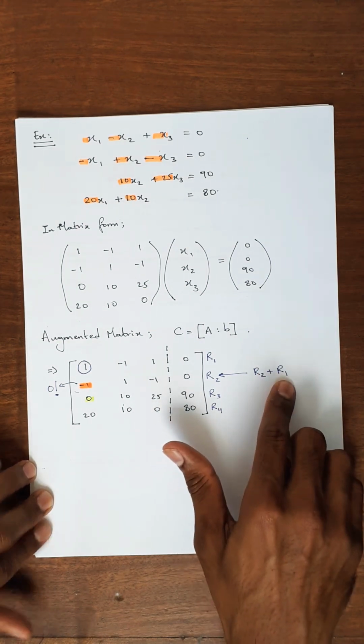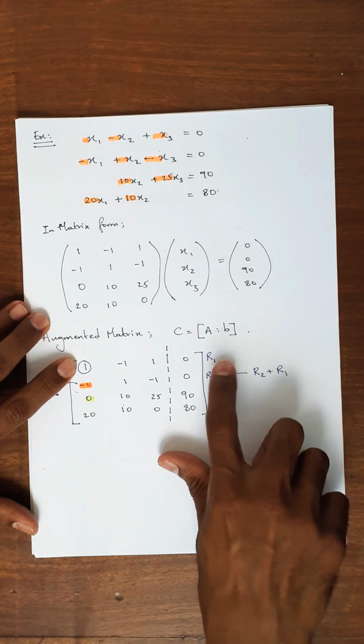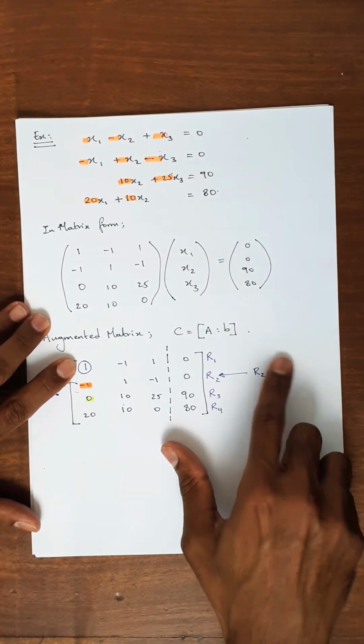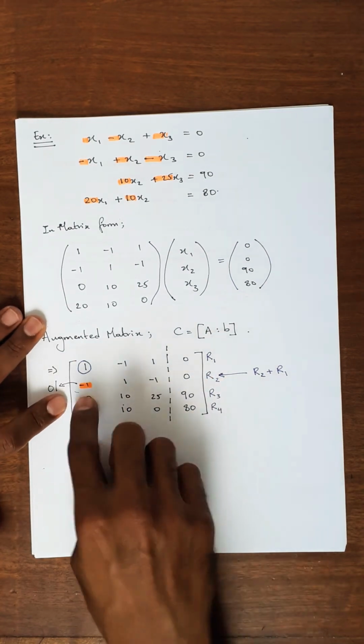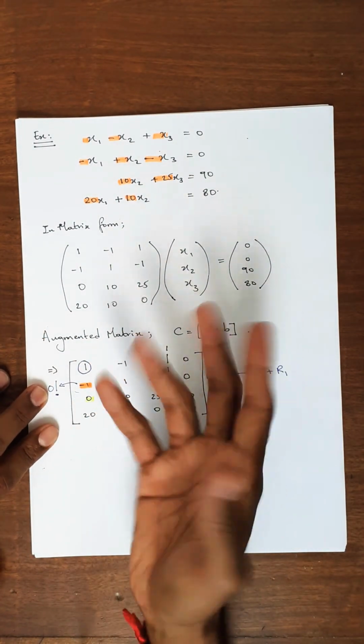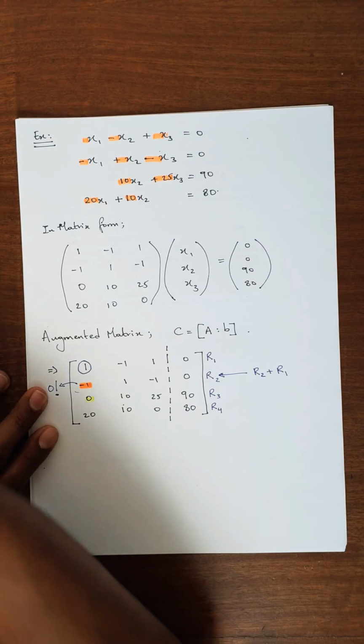Because my pivot is 1, which is in row 1, I'm going to use row 1 to manipulate R2 so that I can obtain 0. So this is one principle, I would say.